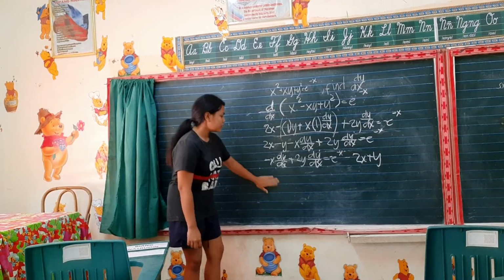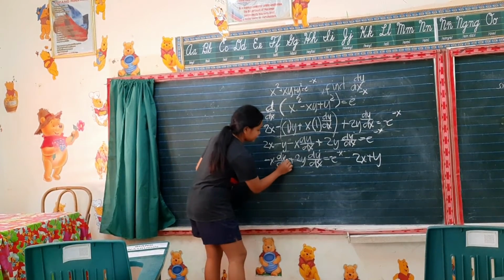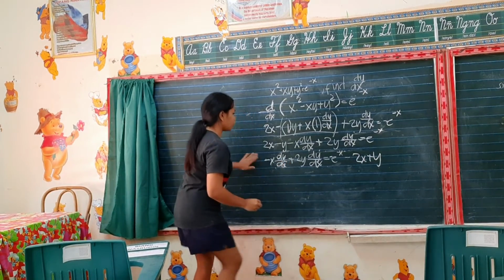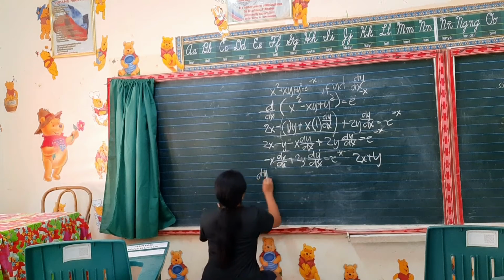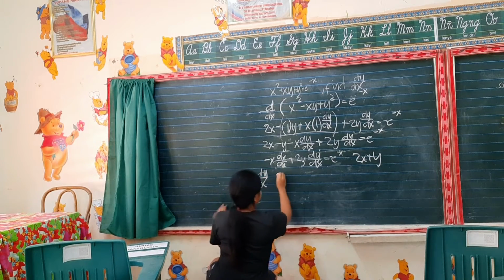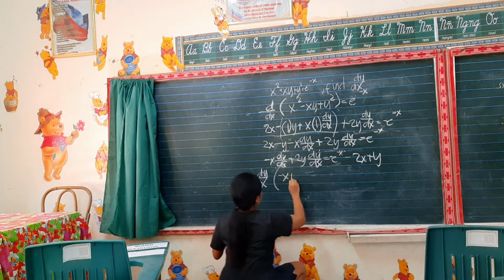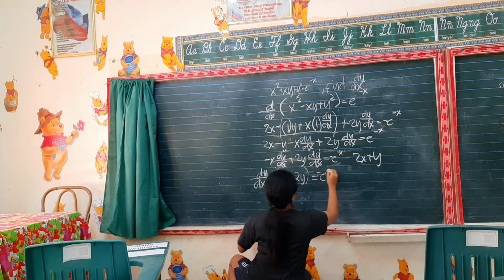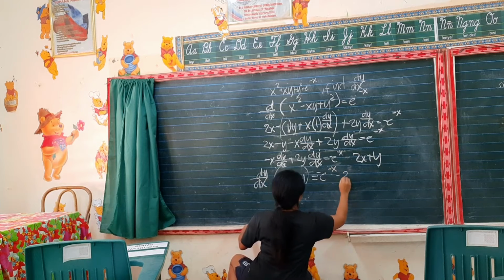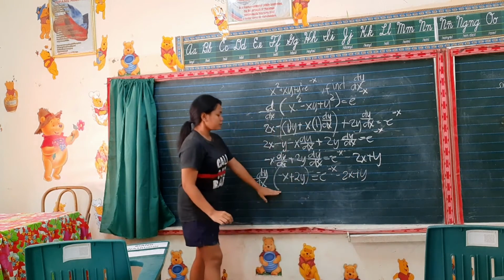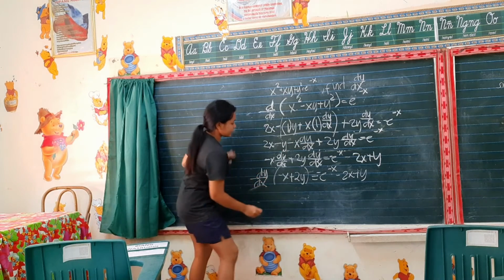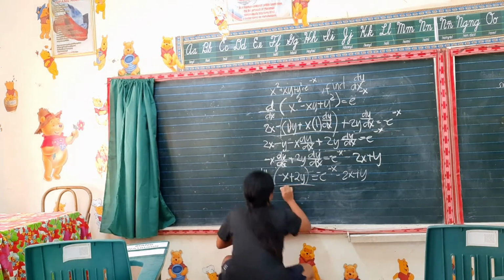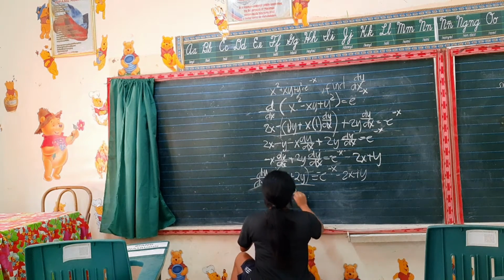So next, because dy over dx is the same, we need to factor out. So dy over dx times negative x plus 2y is equal to negative e raised to negative x minus 2x plus y. So we need to eliminate and divide both sides by negative x plus 2y.